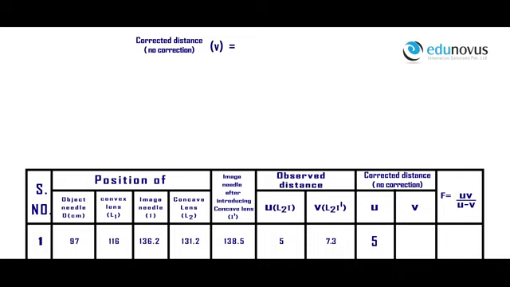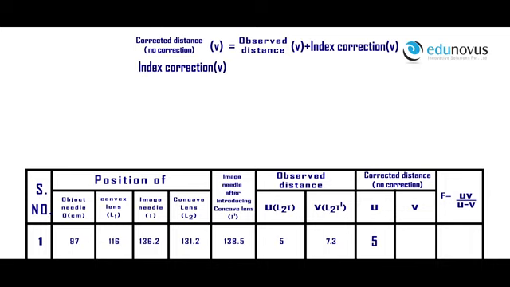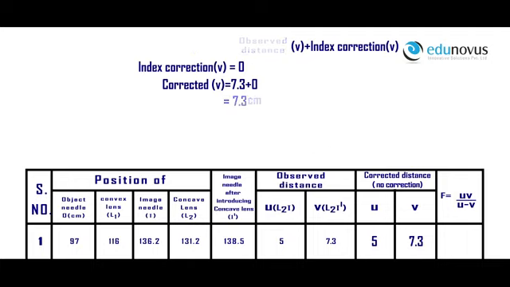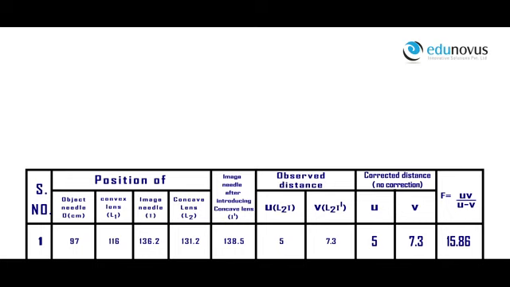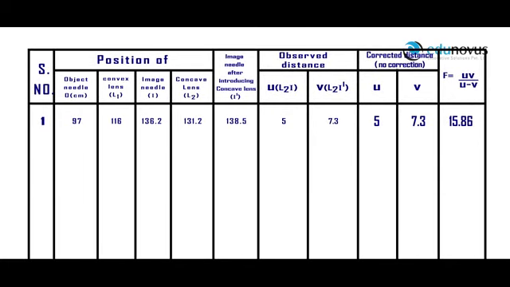Corrected distance V is equal to observed distance V plus index correction V. Index correction V is equal to 0. Corrected V is equal to 7.3 plus 0, which is 7.3 centimeters. F is equal to 15.86 centimeters. Similarly, the other observations are as follows.